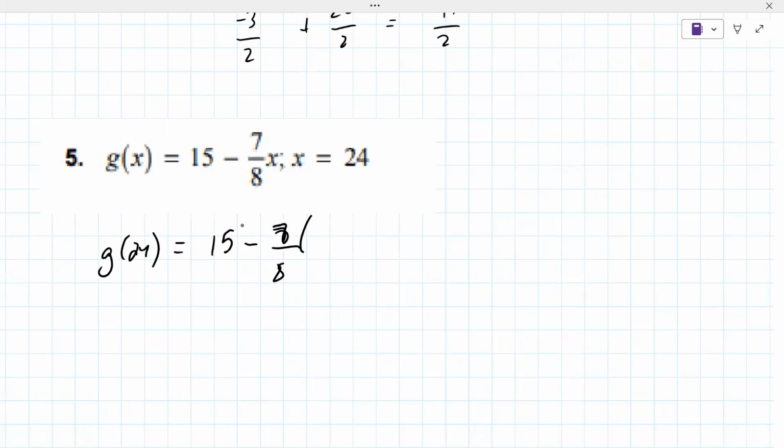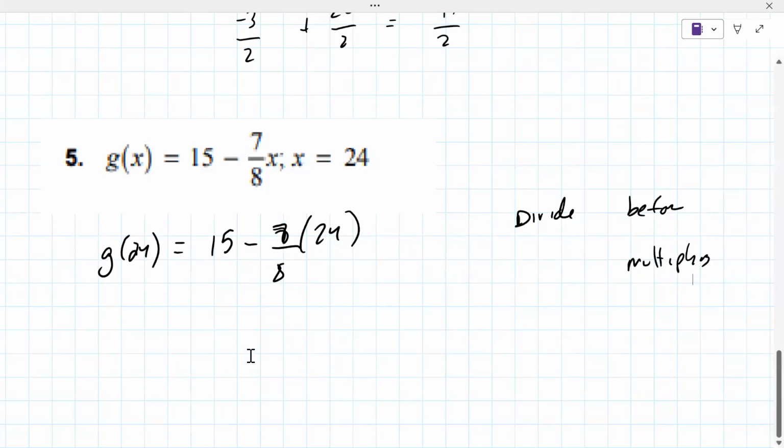All right, so I'd like to jump in here and give you some thoughts. It is better to divide before multiplying. I haven't said that yet, but really this is the first one where it kind of matters. If you take 24 and divide it by 8, that's 3. So then it'd be minus 7 times 3.